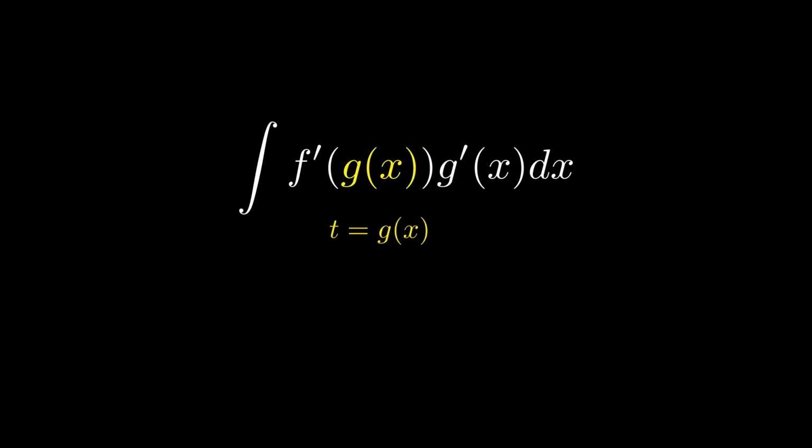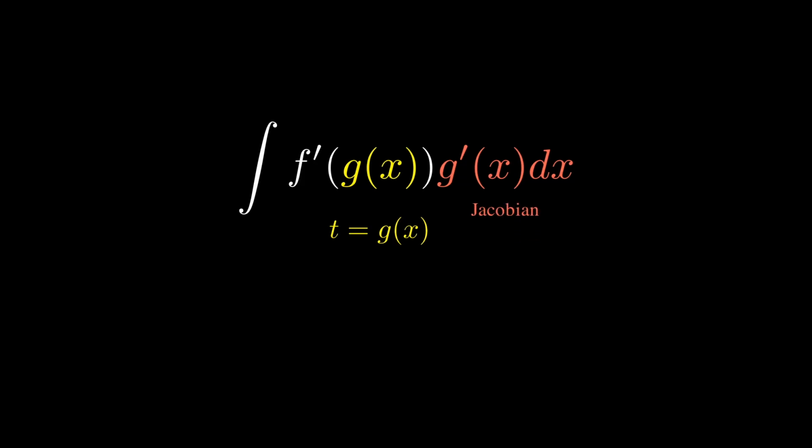You can see that inside we now have f prime of t, and we are left with this term g prime times dx. What to do with that? Well, if we do the change of variable t equal to g of x, we have also computed its differential.